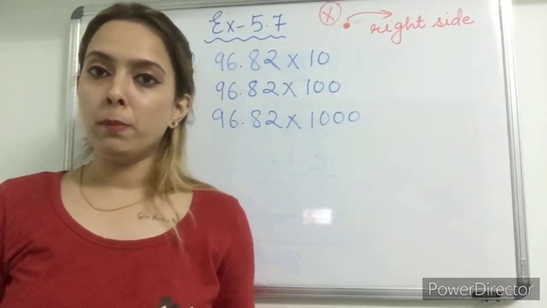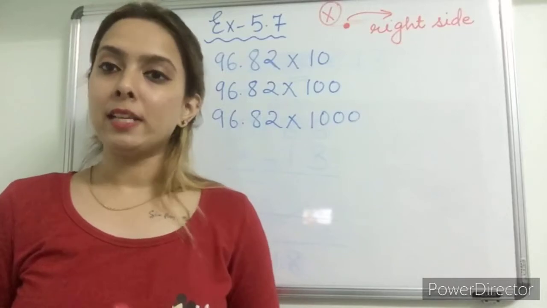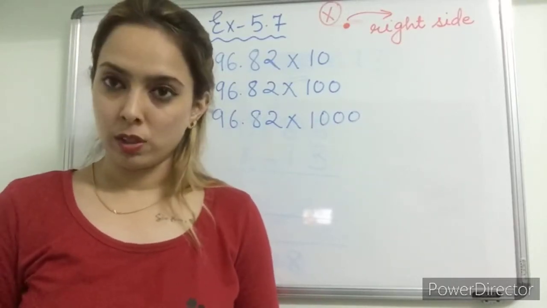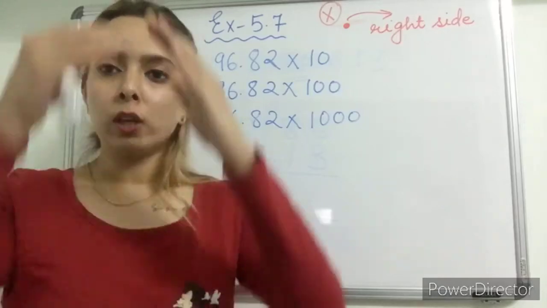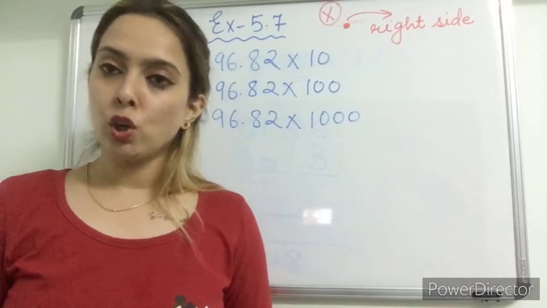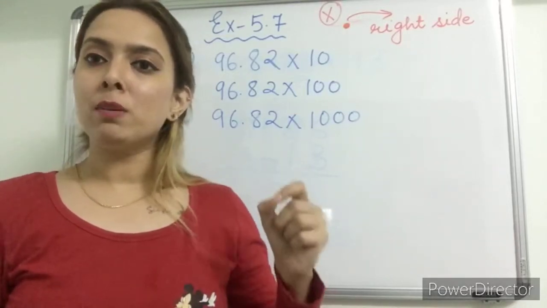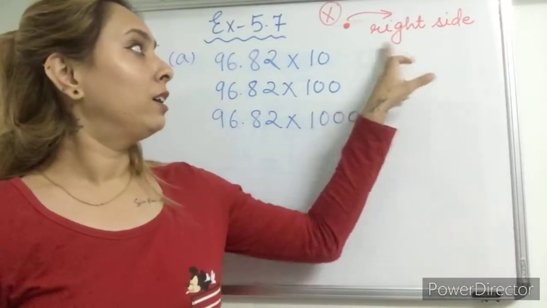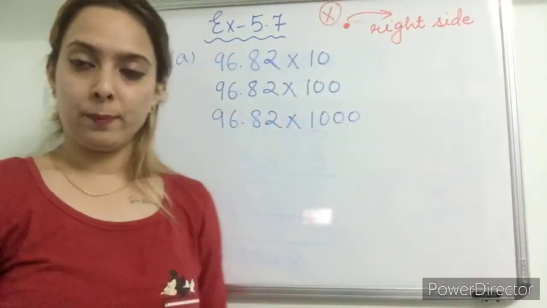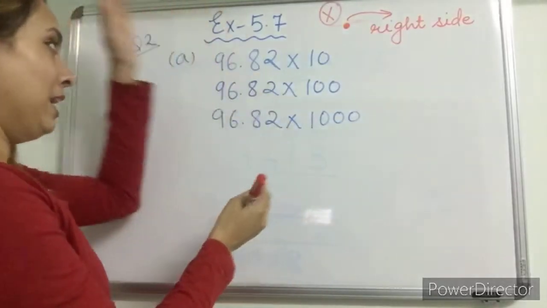You have to remember that when you are multiplying any decimal number by 10, 100 or 1000, you need not do the complete multiplication. You only have to shift the position of the decimal. In multiplication, the decimal is shifted towards the right side, and in division the decimal is shifted towards the left side.